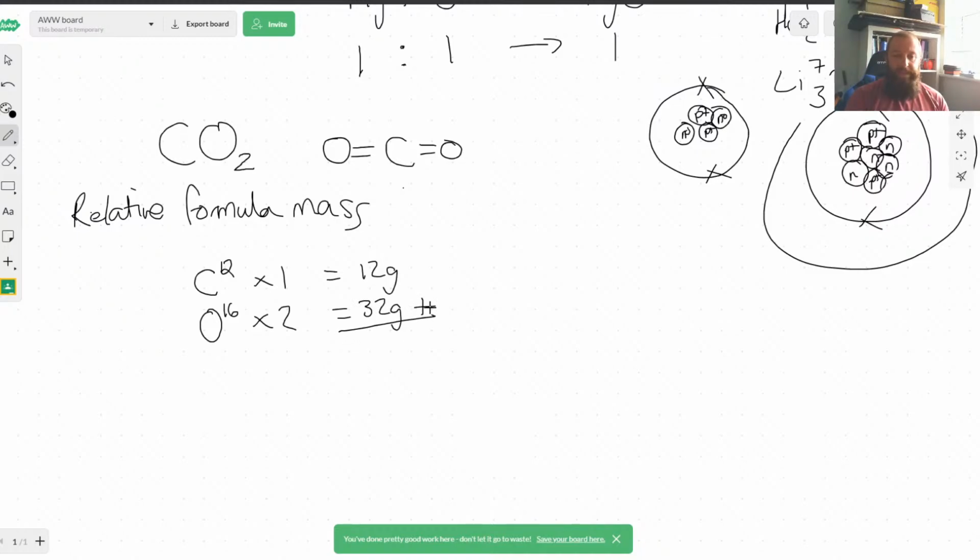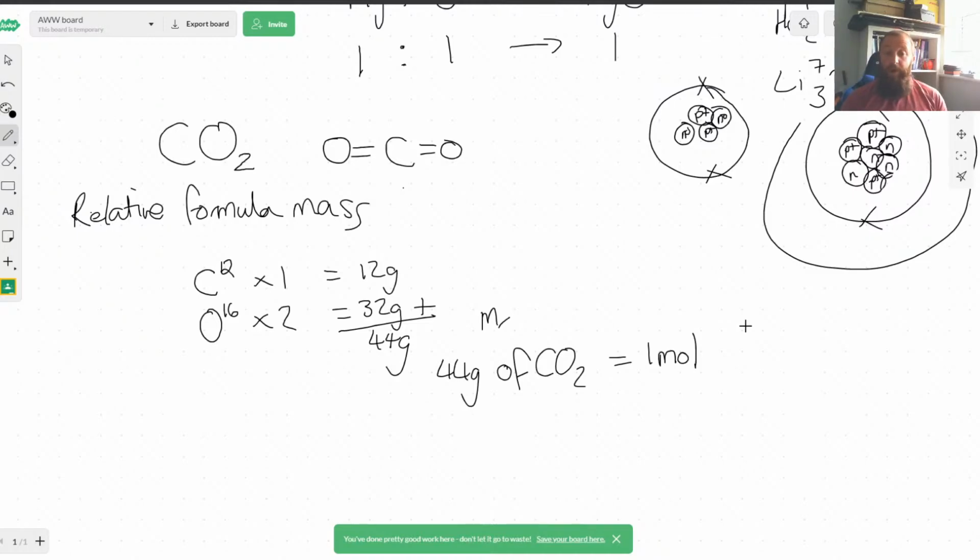So if I add these together now, my formula mass, and we often use the symbol Mr for this, my relative formula mass of carbon dioxide is 44 grams. So 44 grams of CO2 equals 1 mole. Okay? Because we're now looking at a molecule rather than the atoms.